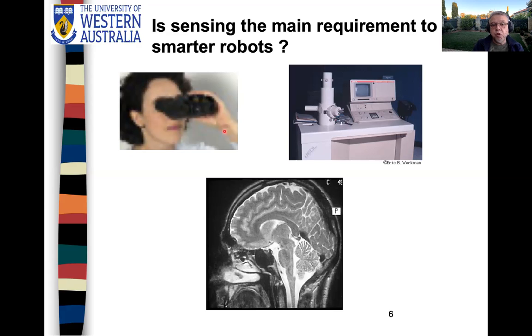We need slow motion to see fast moving objects. We need, and now we have even microscopes to see tiny objects. With medical imaging like CT and MRI, we're able to see the inside of an object without even performing an incision. So maybe that's not the problem. That's not the hurdle to develop good computer vision systems.